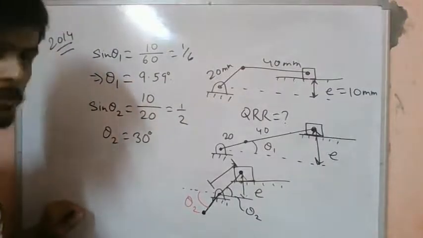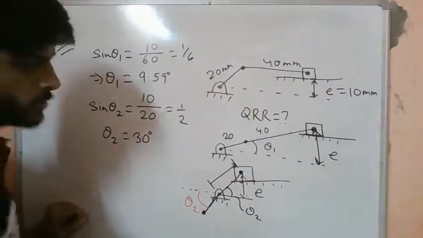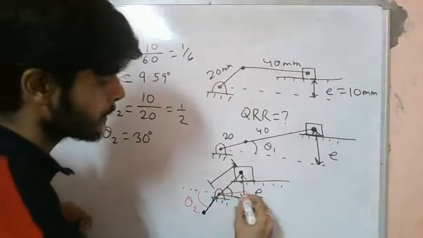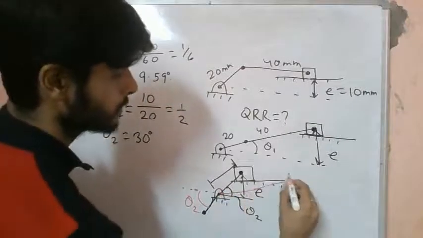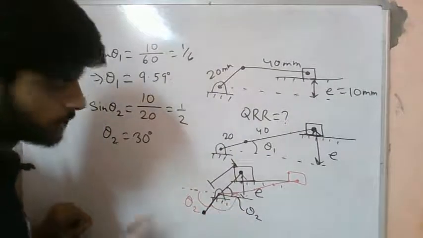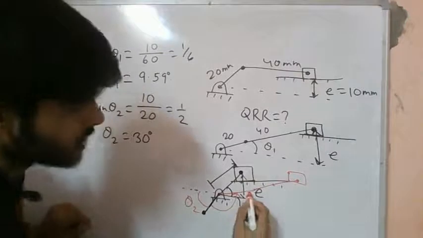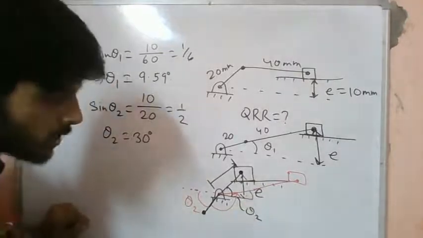So how much was the forward stroke and how much was the backward stroke? The backward stroke was something like this. We need to find this angle. We have already found the angle theta 1.